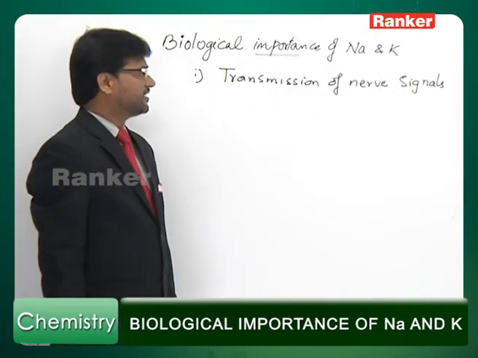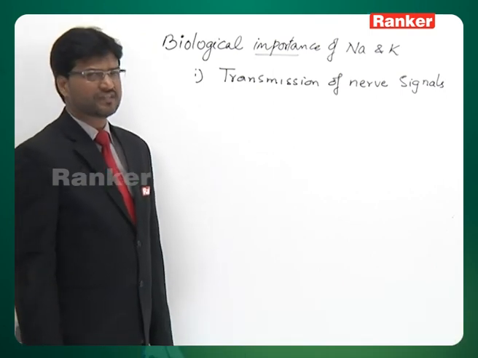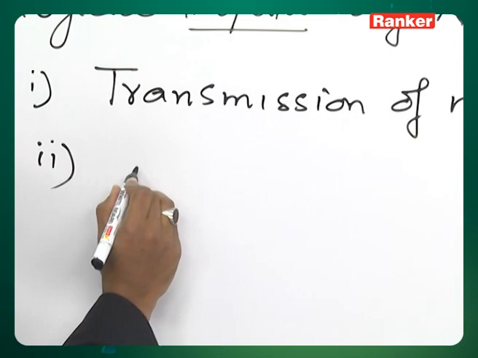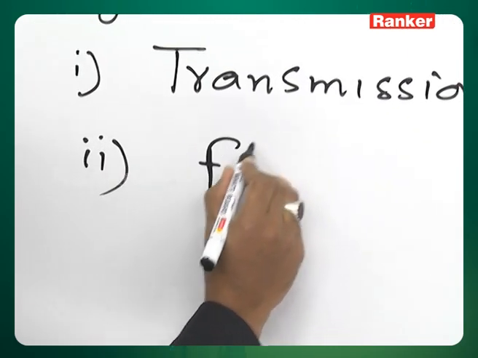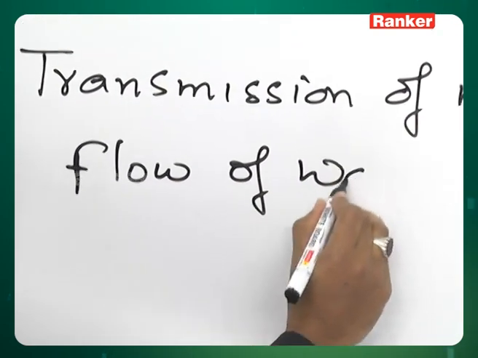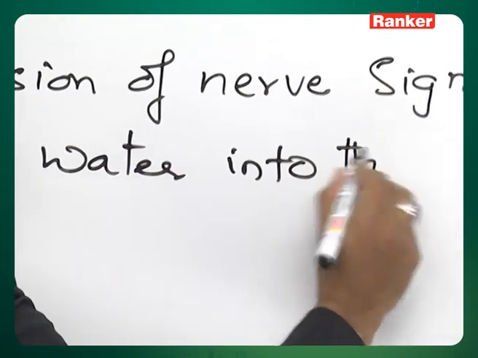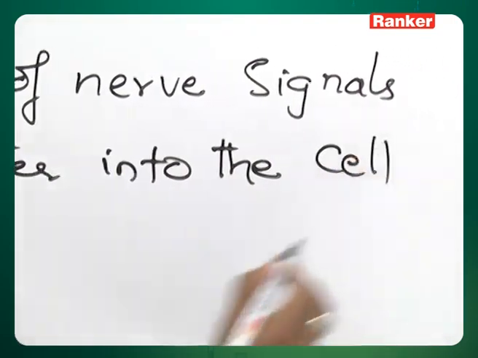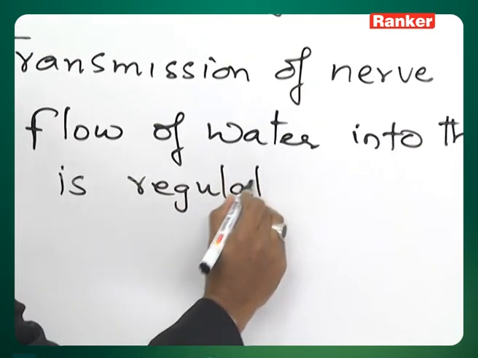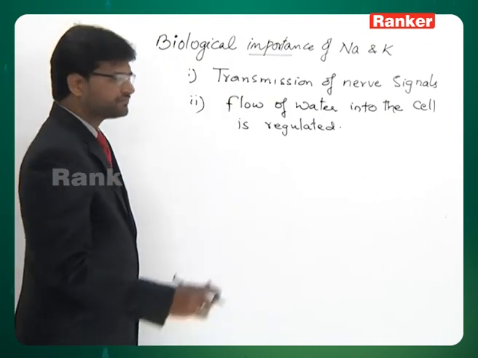Na+ and K+ ions are responsible for transmission of nerve signals. Number two, flow of water into the cell is regulated by sodium and potassium ions.